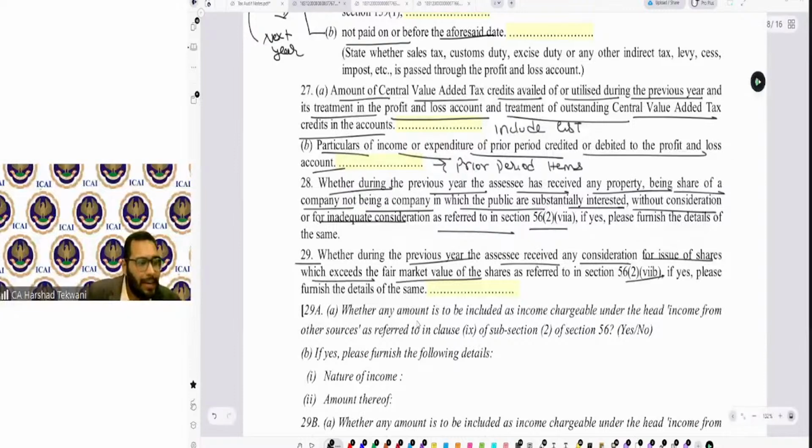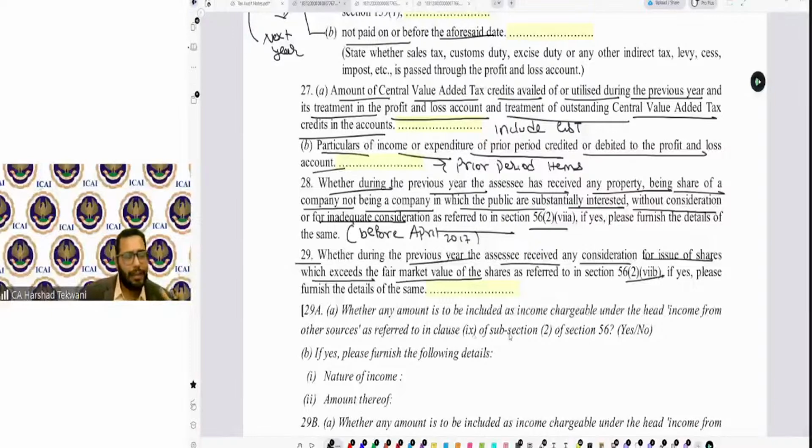So that's why in most cases this is not applicable. Before April 2017, if any such transaction was there, then that was required to be reported over here. That's why this is not that relevant as of now.